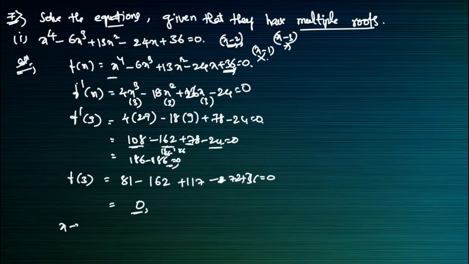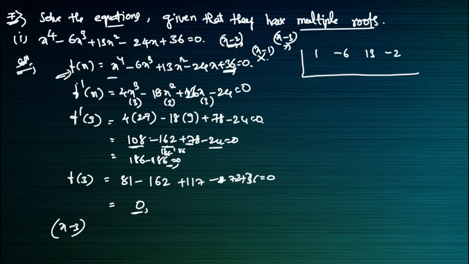Therefore x minus 3 is a factor of this given equation. So now I will take this method: 1, minus 6, 13, minus 24, 36. So 3 is a factor, so 0 here, 1, so 1 times 3 is 3, here minus 3 will come, minus 3 times 3 is minus 9, here 4 will come, so 4 times 3 is 12, 12 will come here, and 12 times 3 is 36, minus 36 is equal to 0.